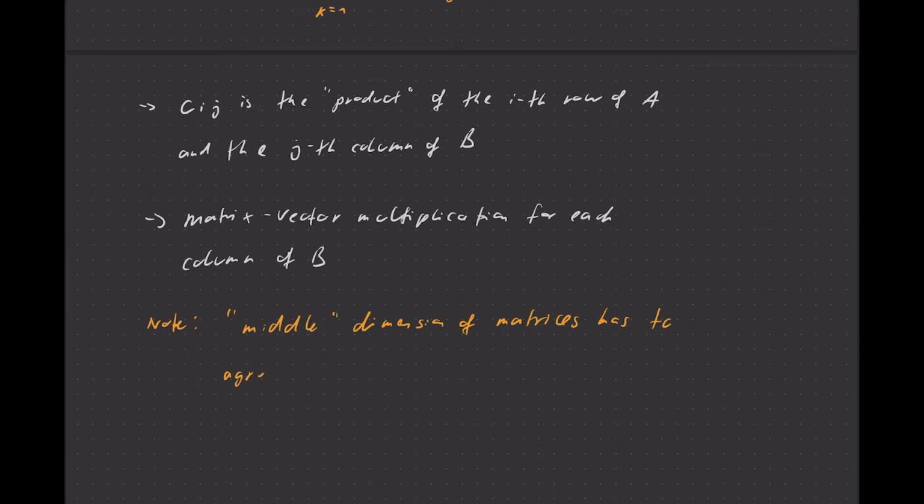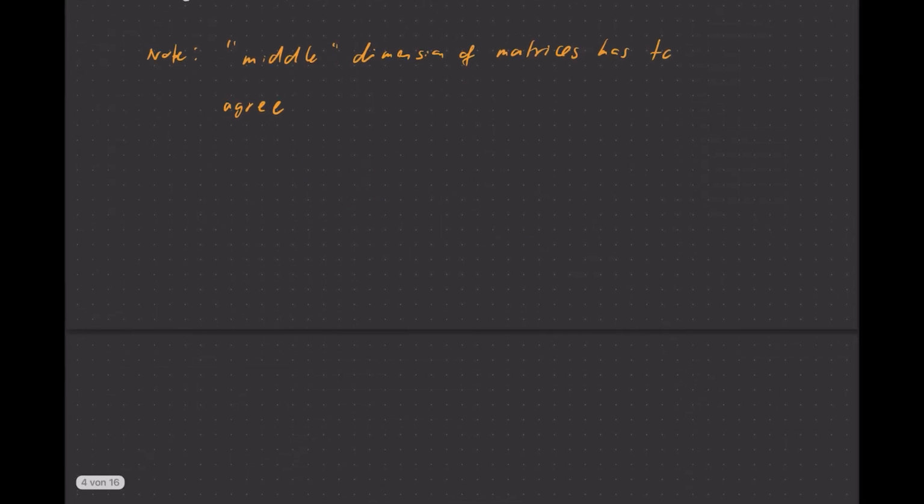So this matrix product is not universally defined, but only if those dimensions actually agree. Okay, now let's first see a few examples before we go a little deeper here.